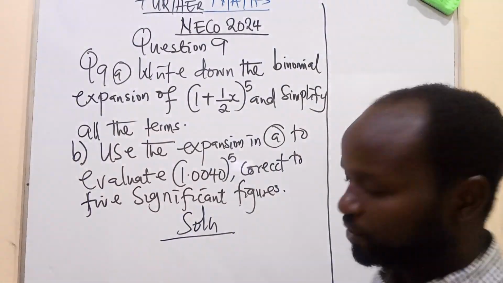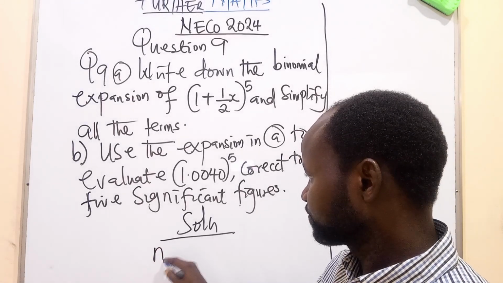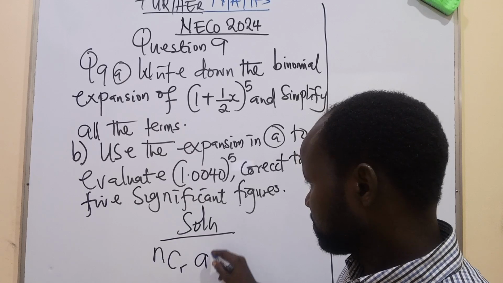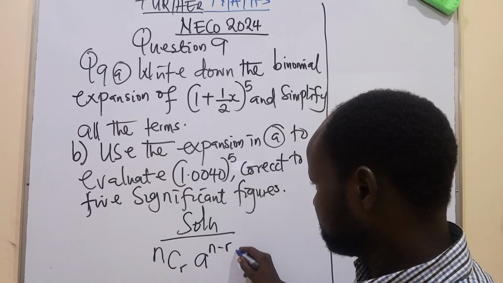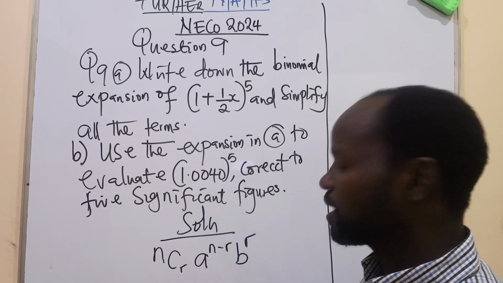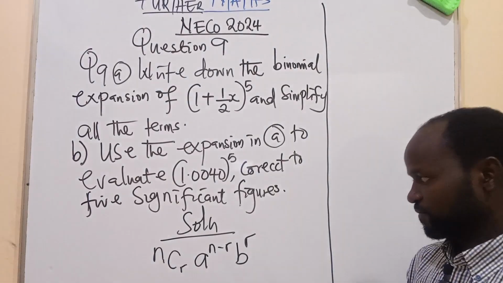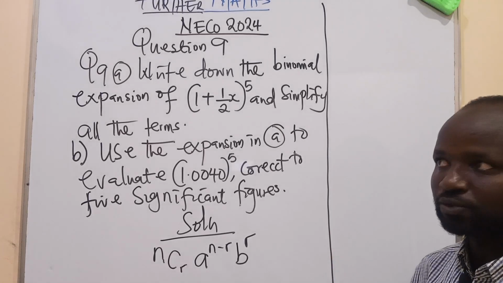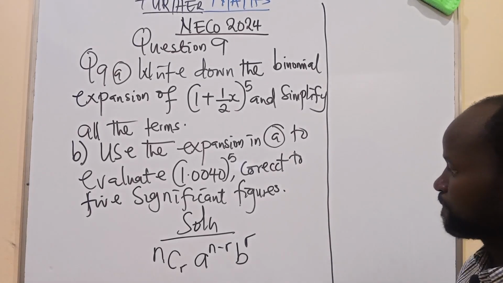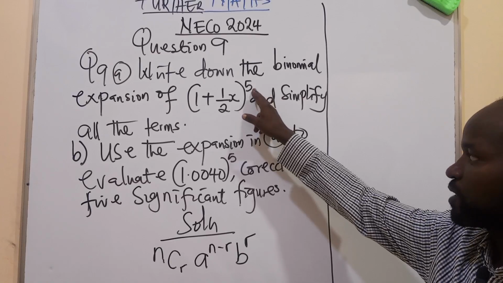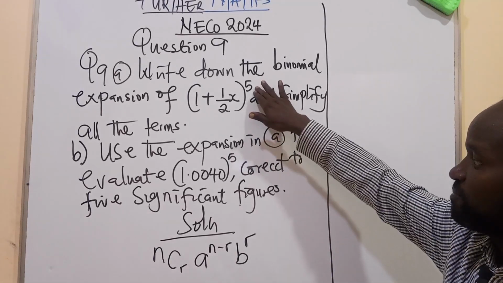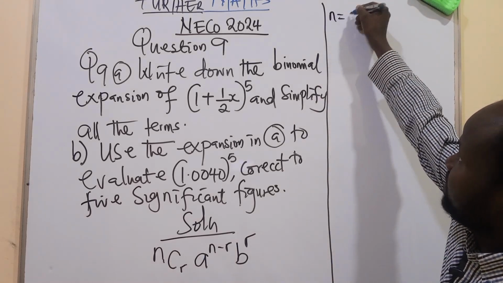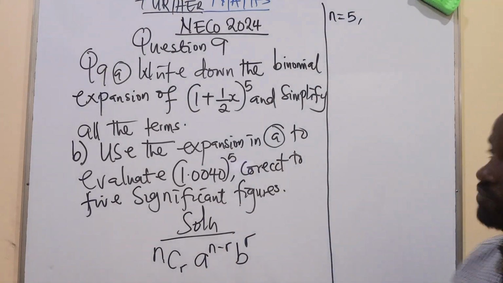The general formula for binomial expansion is given as n combination r times a to the power n minus r, then b to the power r. So this is the general formula of binomial expansion, given that a and b are the two terms involved. Our n here is the power here. Since we are having power 5, it means our n is 5. We need to get all this information.